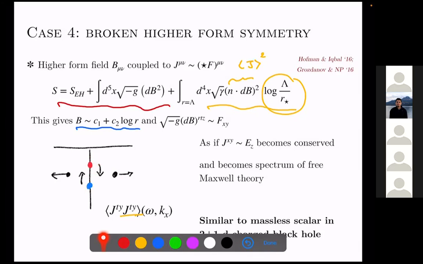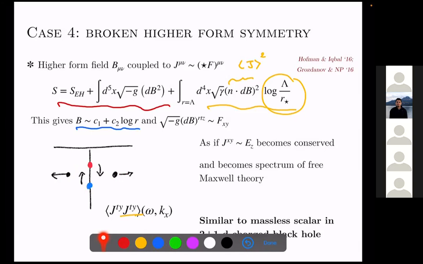And then if I tune this parameter here, which is the double trace coupling, there is a new pole coming up, and they can combine together and then move out. This situation is as if the electric flux, J_xy, where J is dual to B, becomes a conserved current, and these two things form the spectrum of a free Maxwell theory.